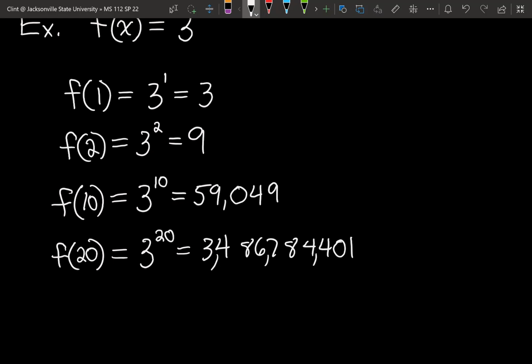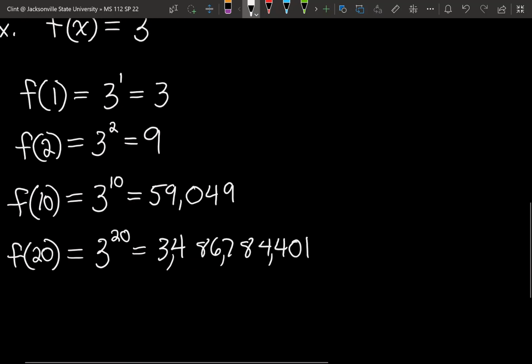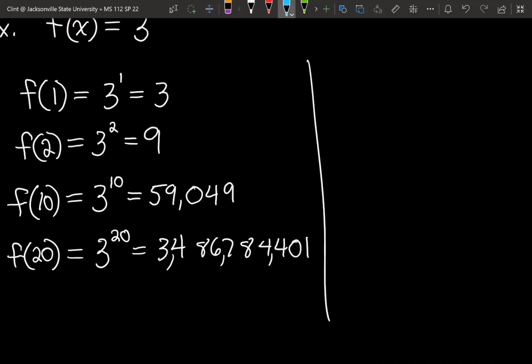So 3,486,784,401. So they grow really rapidly. We would have just a hard to imagine number by the time we get to f of 30, right, when we do 3 to the 30th power. So you'll hear that talked about sometimes. You'll hear things talked about and they're saying it's growing exponentially. That's what that means.